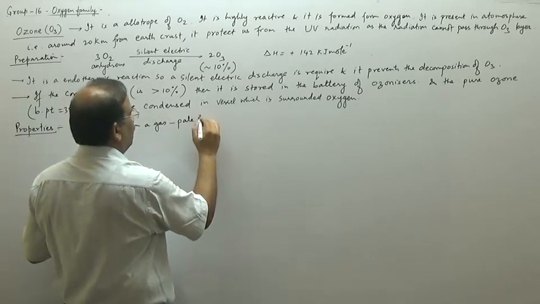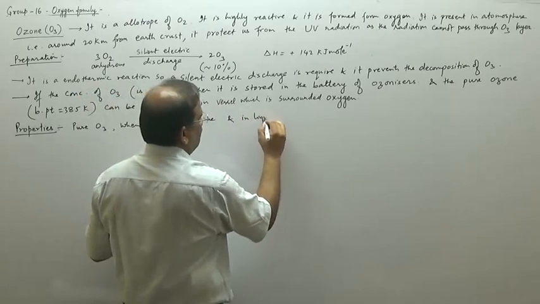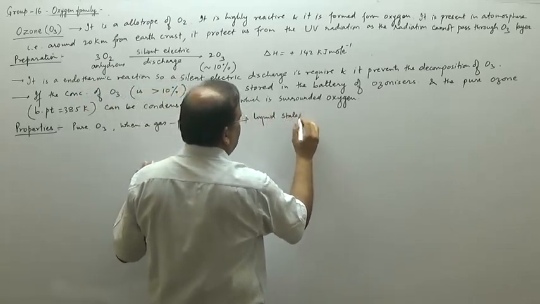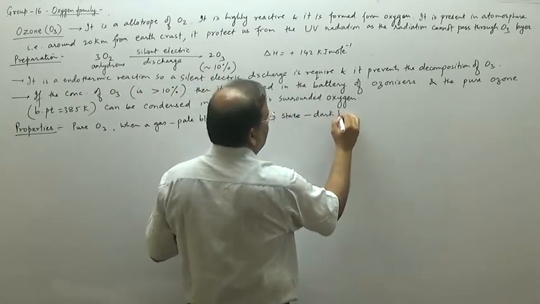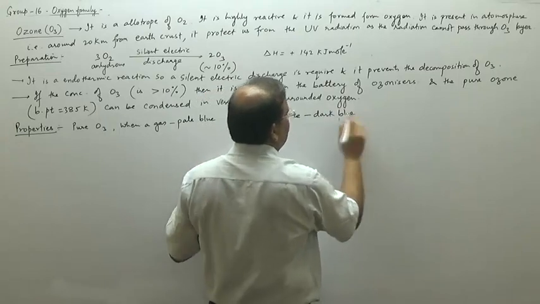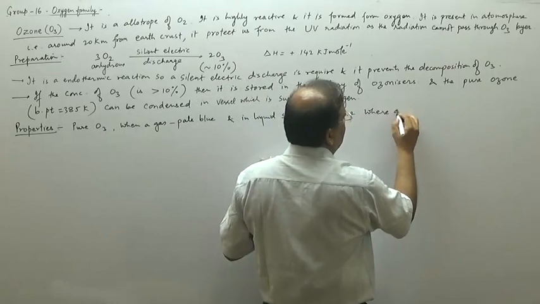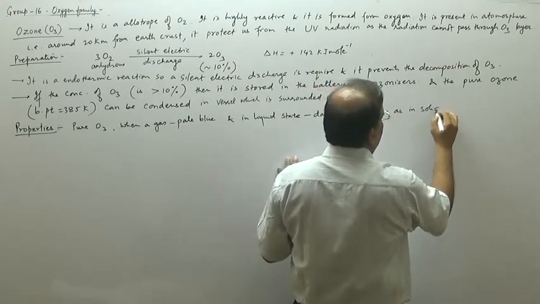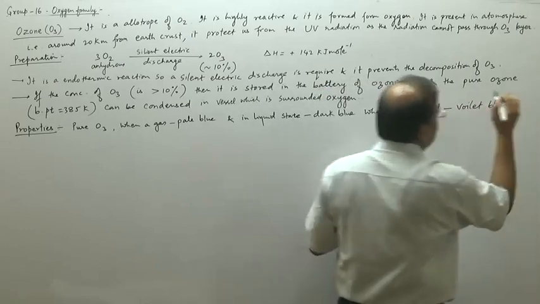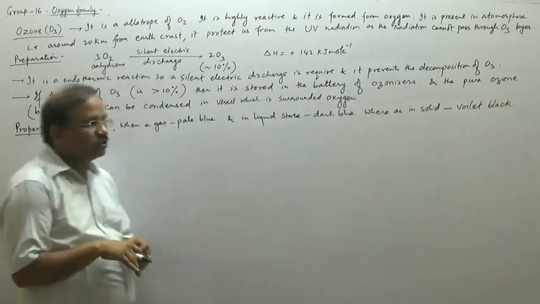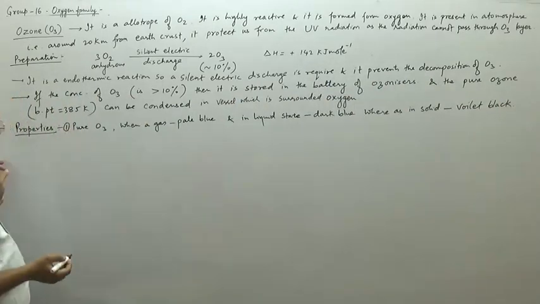In liquid state it is a dark blue liquid, and in solid state it is violet black. So it solidifies as a violet black color solid. That is one of the properties of ozone, property 1.